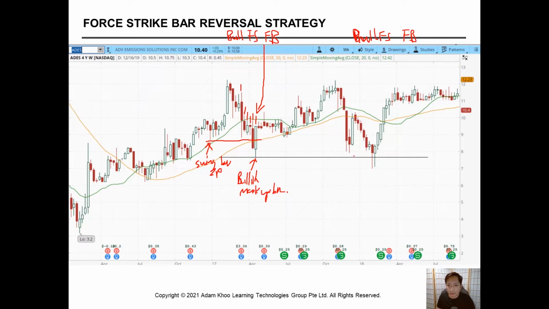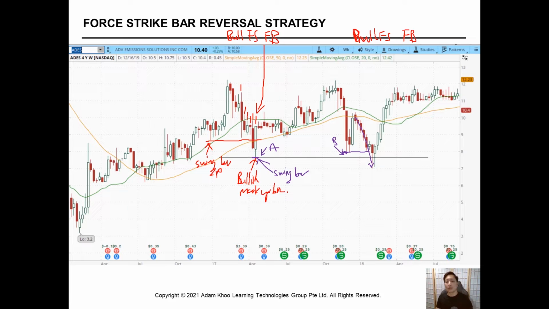So once again, I draw this line already, so let me use another color here. This becomes your swing low. The price action goes all the way down, breaches this low and goes to this low. So which one do you use, guys, A or B as the swing low?